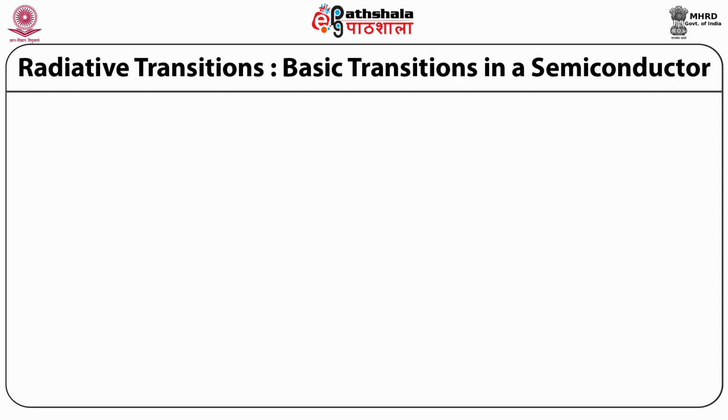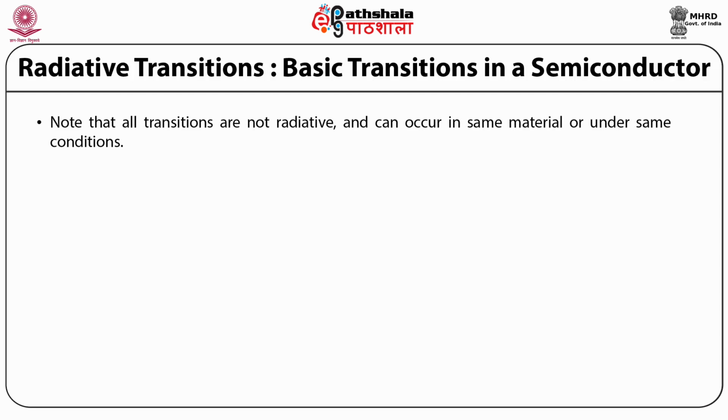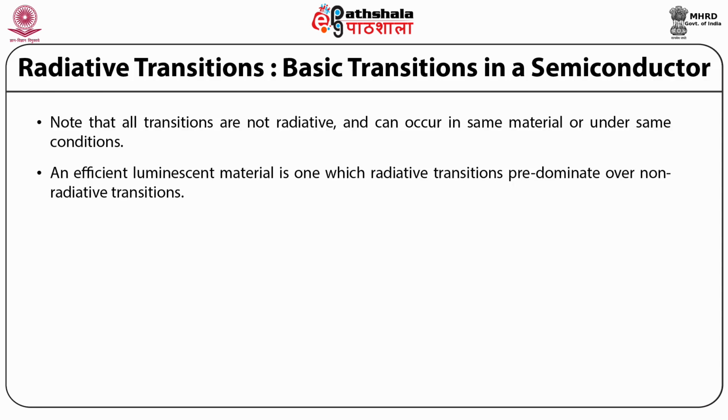Basic transitions in a semiconductor. Note that all transitions are not radiative and can occur in the same material or under the same conditions. An efficient luminescent material is one in which radiative transitions predominate over non-radiative transitions.